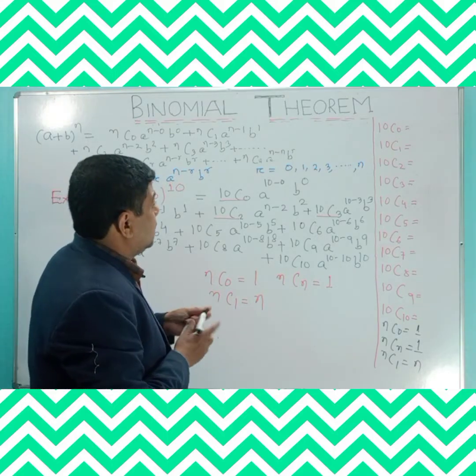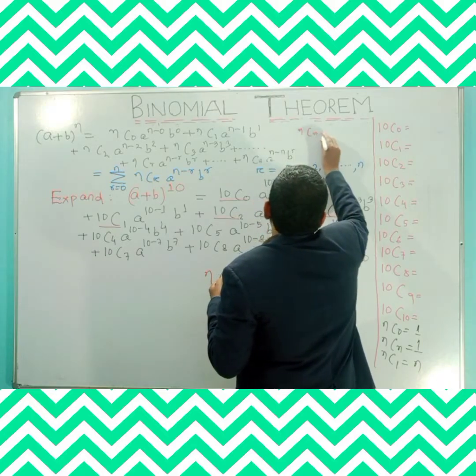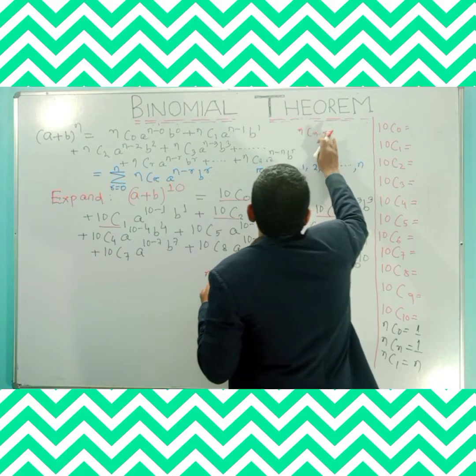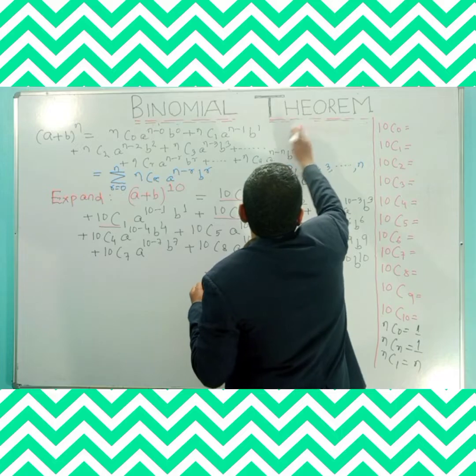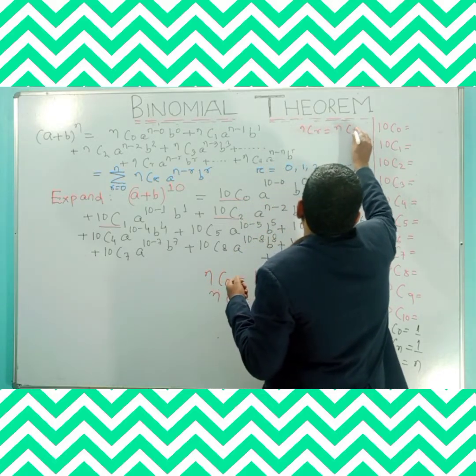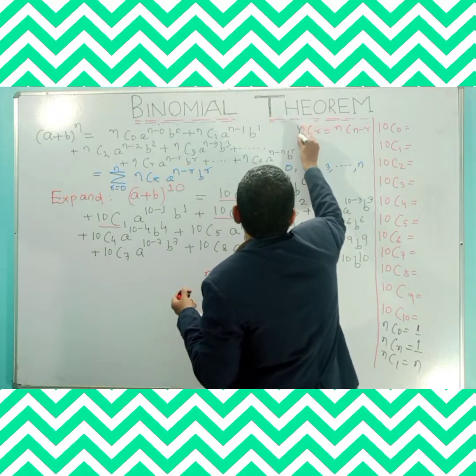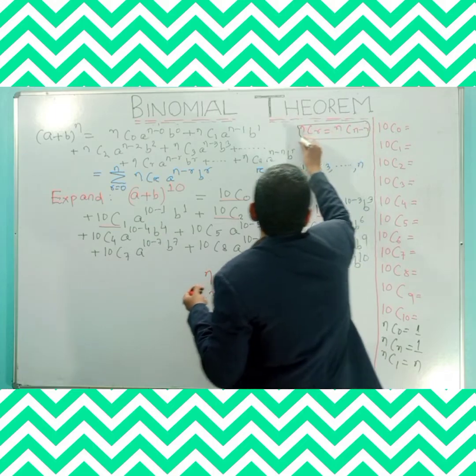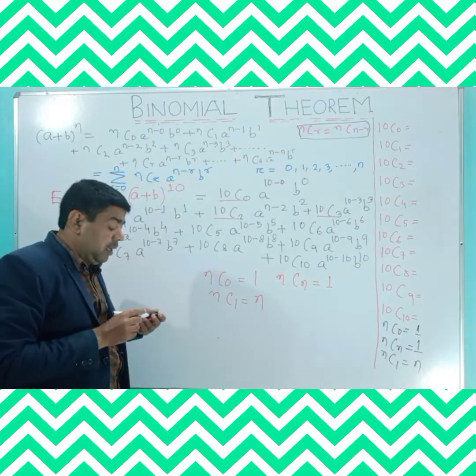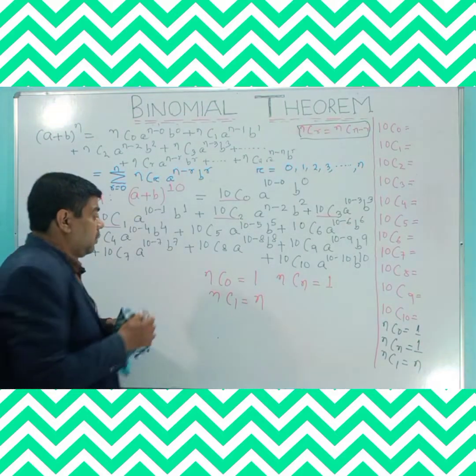There is another interesting concept also: NCN minus R equals NCR. This is another formula, and it will be useful to simplify and find out the binomial coefficient of every term of the binomial expansion.